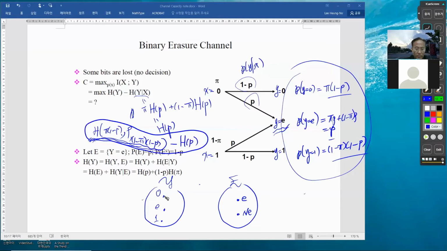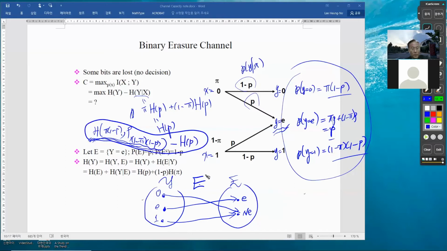When y is equal to 0, no erasure. When y is equal to 1, no erasure. Erasure is mapped to erasure. So this is your random variable e, okay?